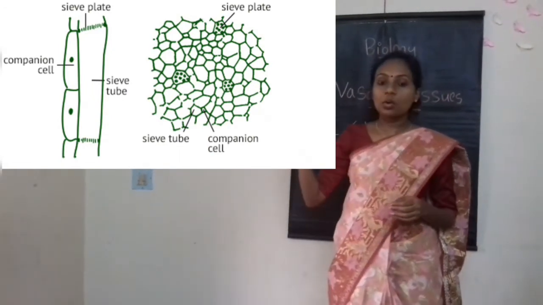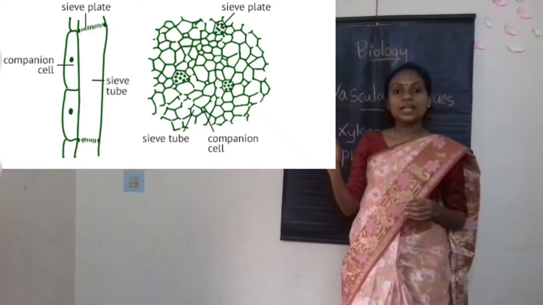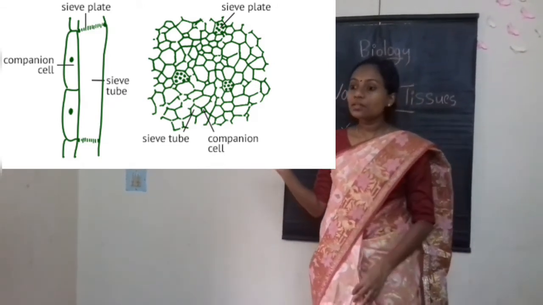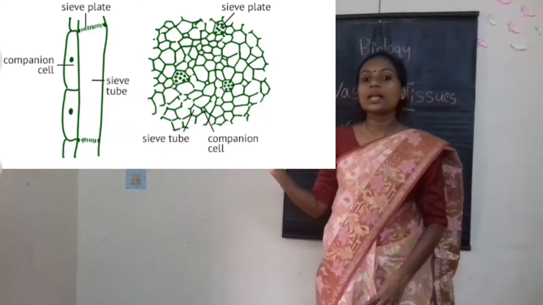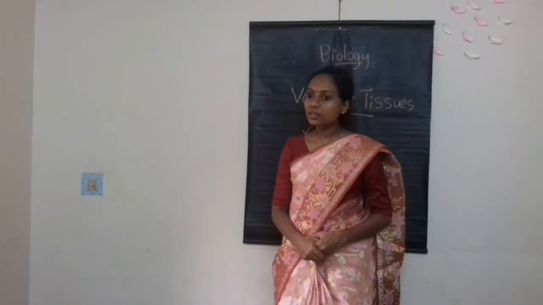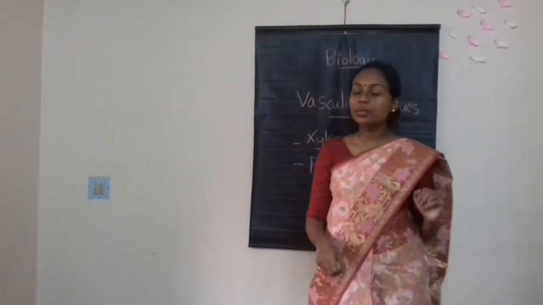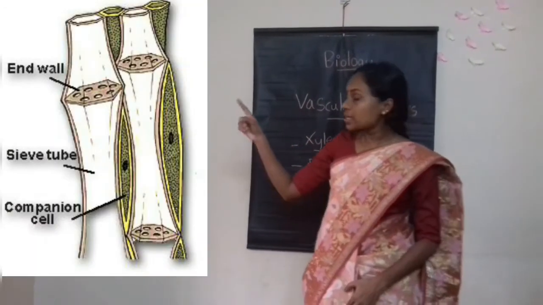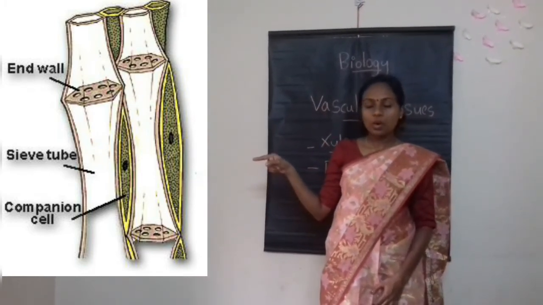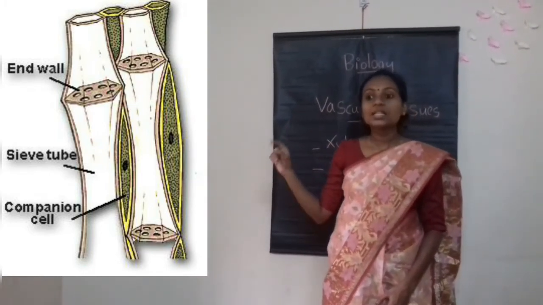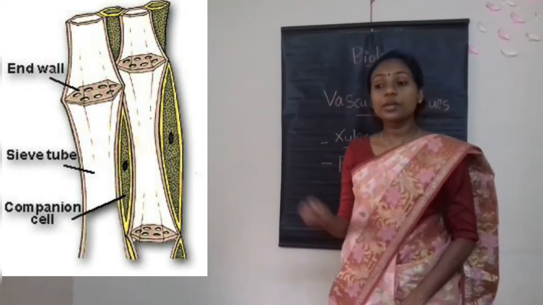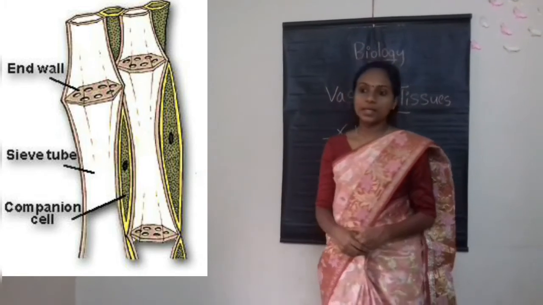Sieve tubes are also a tubular structure and companion cells are the cells. These sieve tubes and companion cells are helpful in the transportation of food. Which are the two parts of phloem? Here you can see the picture of the sieve tube and that of the companion cell. These two cells help in the transport of food from leaves to different plant parts.